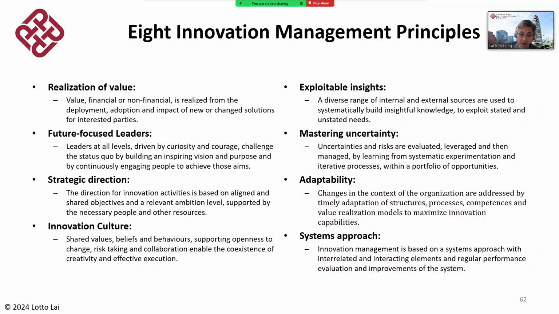So it is some description of the standard's 8 innovation principles. And most important, I think, is managing the uncertainty, because uncertainty and risk are varied. You need to manage it by learning from systematic experimentation and iterative processing within the portfolio of opportunities, to manage it and then adapt to it.